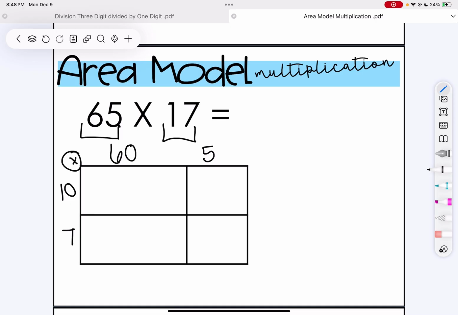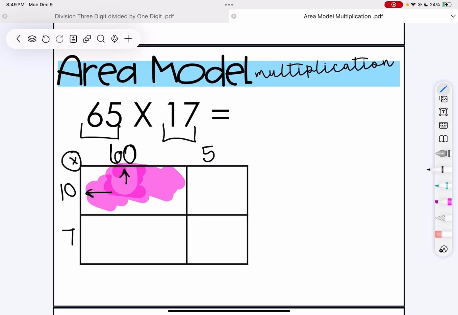So now let's go ahead and multiply inside these boxes. Starting with this first box, we look directly up and directly over. When I look up, I see 60. When I look directly over, I see 10.